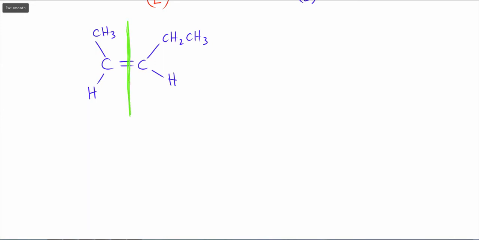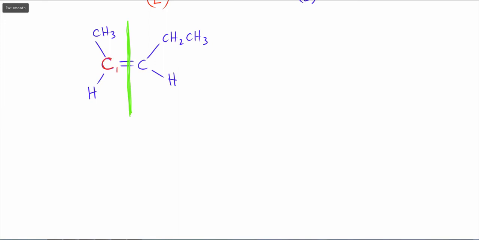Okay, so if I write this out in expanded, Lewis, and condensed, let's look at this structure. We have CH2, CH3, and hydrogen. Okay? So the first thing I want to do is bisect the double bond, and what I'm interested in is what's attached to that.